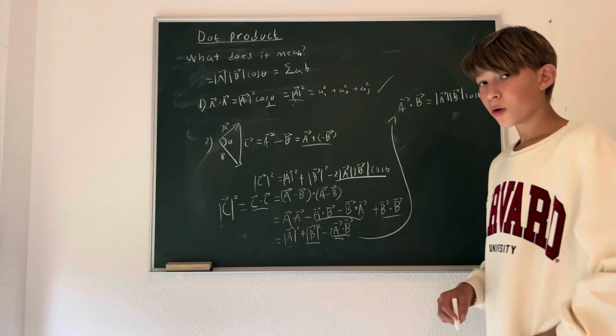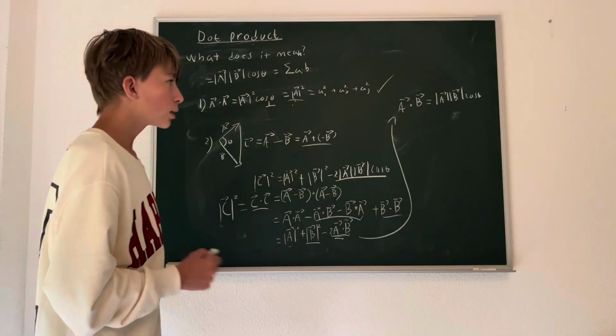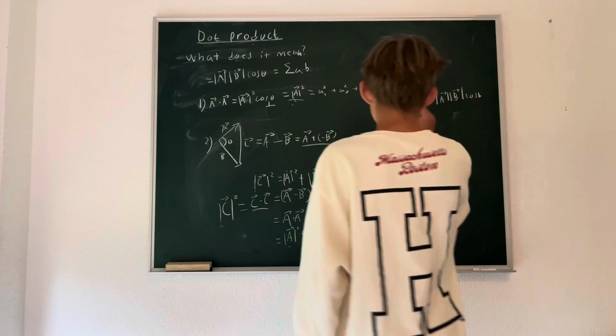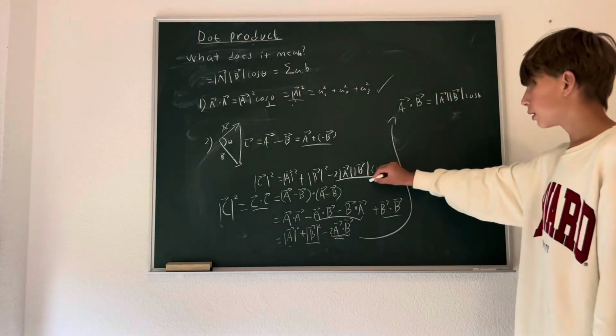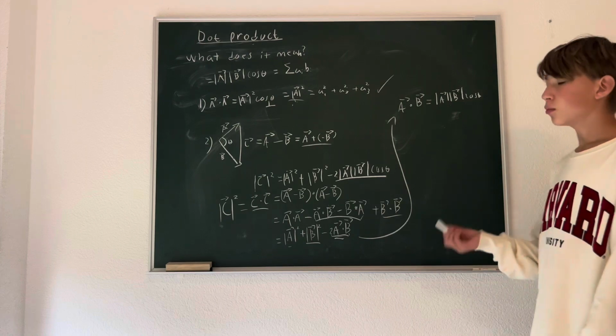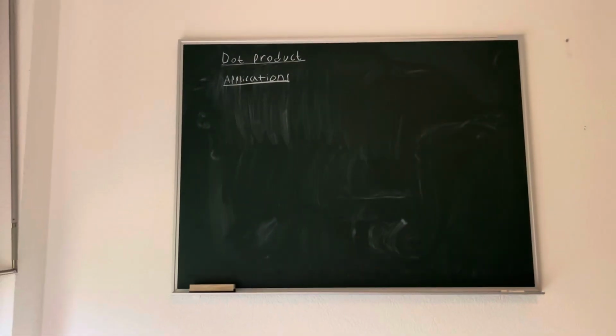Hopefully many of you could derive this. So this is a proof that A dot B equals, in fact, the length or magnitude of A multiplied by the magnitude of B times the cosine of theta.